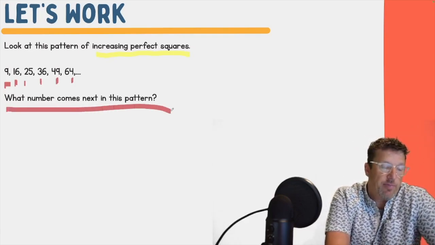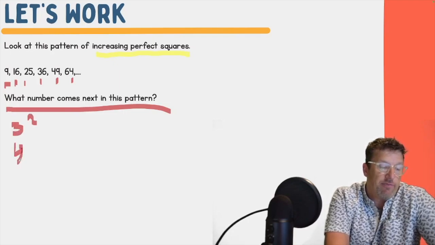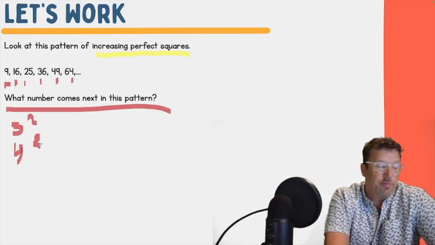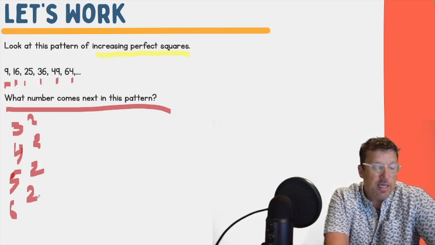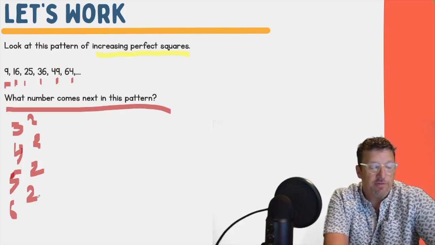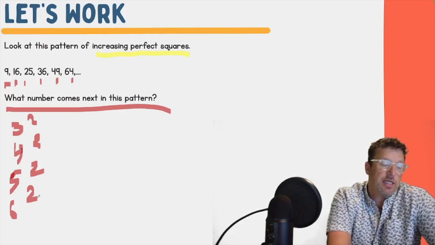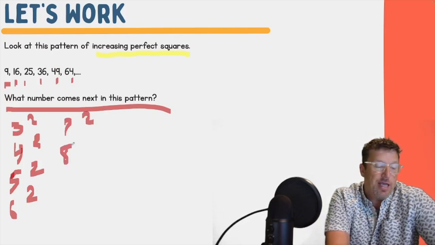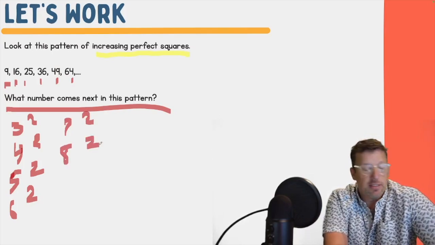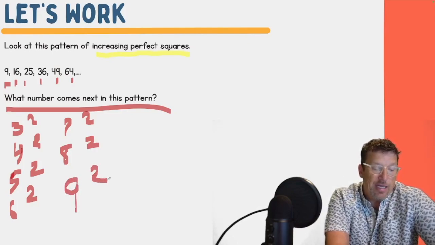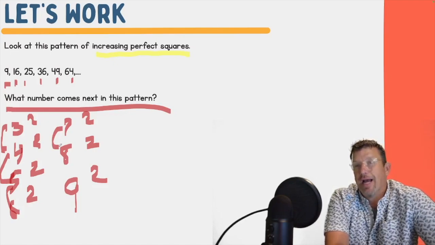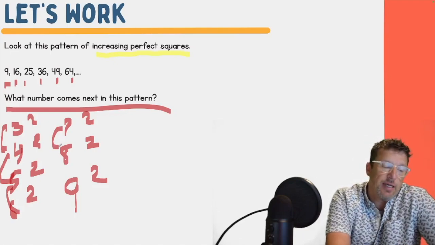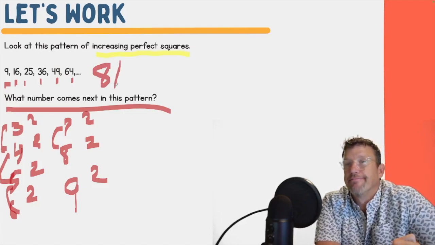Well, 9 would be 3 squared. 16 would be 4 squared. 25 would be 5 squared. 36 would be 6 squared, because 3 times 3 is 9, 4 times 4 is 16, 5 times 5 is 25, 6 times 6 is 36, 7 squared, 7 times 7 is what? 49. 8 squared, 8 times 8 is what? 64. And then finally we get to 9 squared. So the pattern is it's going up by one whole number each time. And what is 9 squared? That's right. It's 81. Good job.